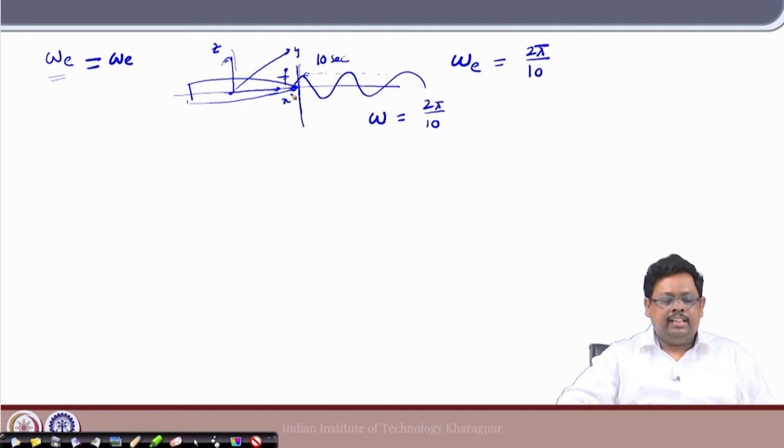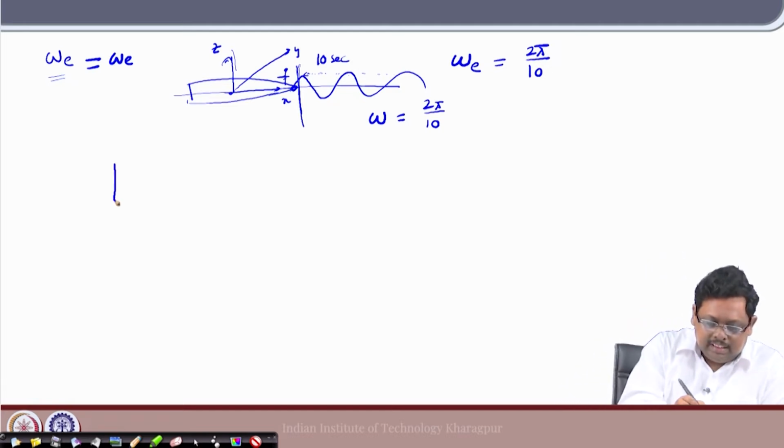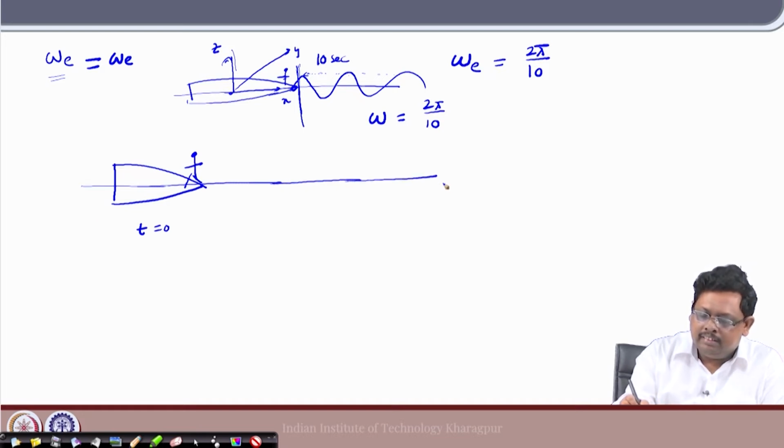Now, let us take a second situation. Now, what is happening this time? Again we have the ship. At t equal to 0 it is here, and again some observer is standing here and just looking at the whole process, and the wave is slowly coming and approaching, right.